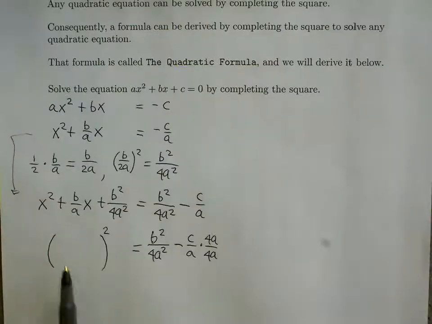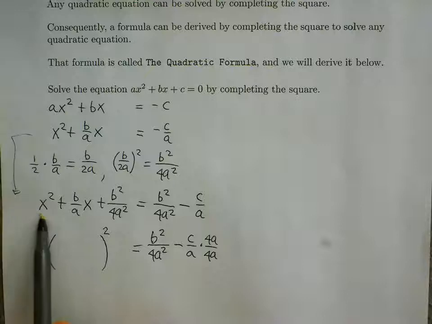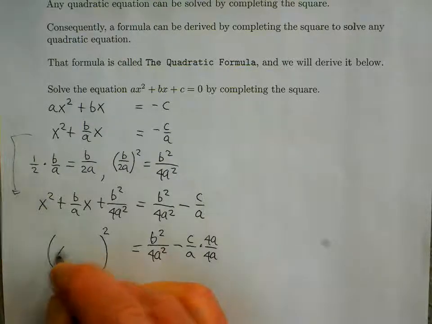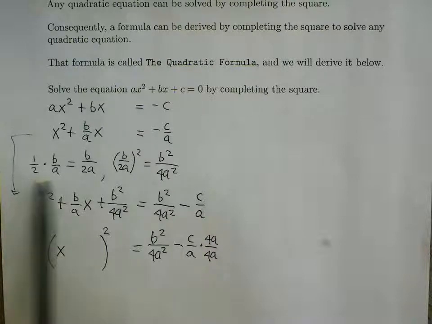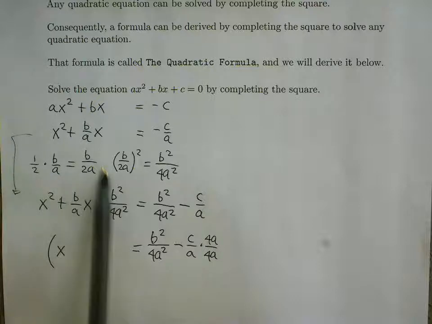To determine what binomial we have to square to get the perfect square trinomial, since the perfect square trinomial has x squared in it, the binomial has to have x. And then the number that follows the x is the same number we got when we took 1/2 times b over a, which is b over 2a.